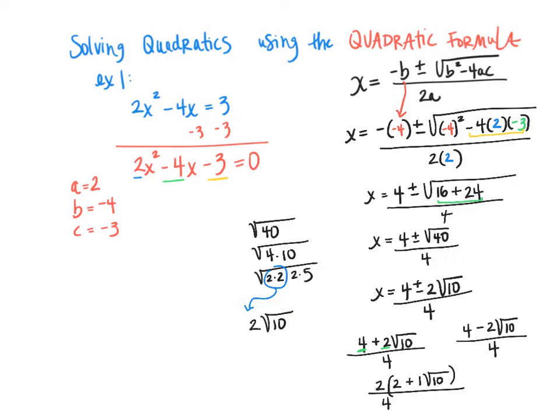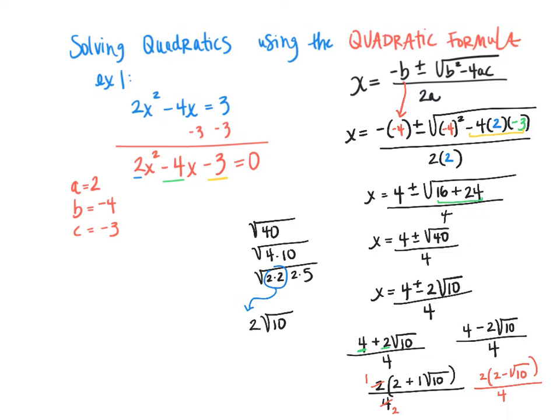all over 4. And the reason we do that is because now we can actually simplify when it's a monomial over a monomial, because 2/4 is the same as 1/2. And then of course your other solution will do the same thing where you can factor out a 2 and it'll be 2 minus root 10. You don't have to have that 1 right there, because it's understood that it's there.